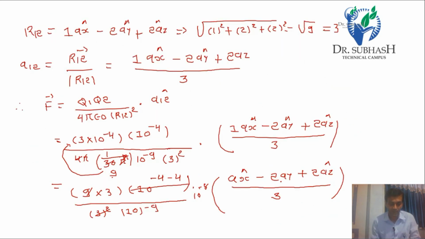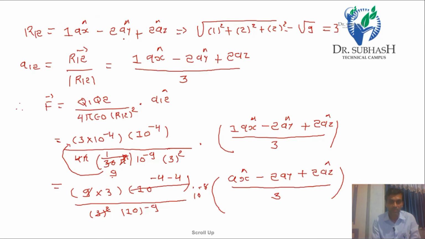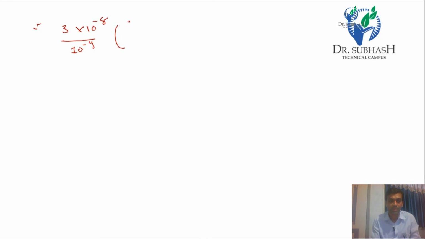If we rewrite this equation, we get 3 cross 10 raised to minus 8 upon 10 raised to minus 9, times the unit vector, ax minus 2ay plus 2az divided by 3.